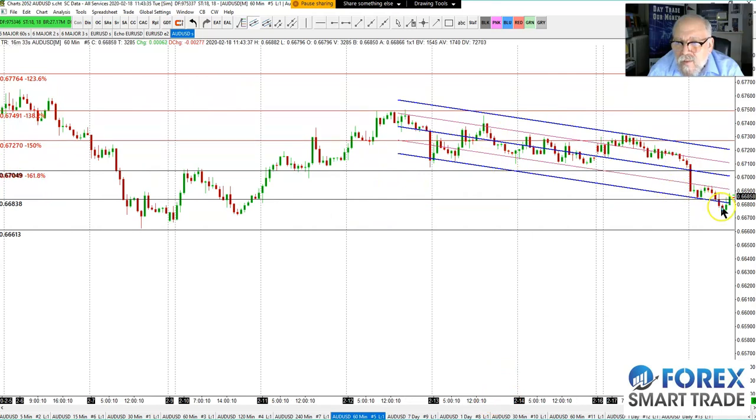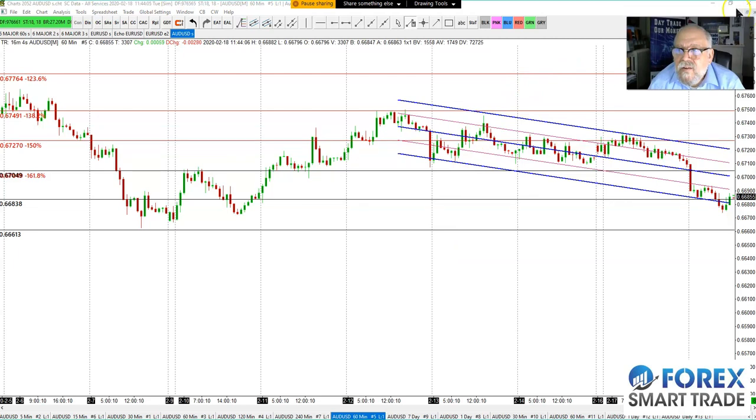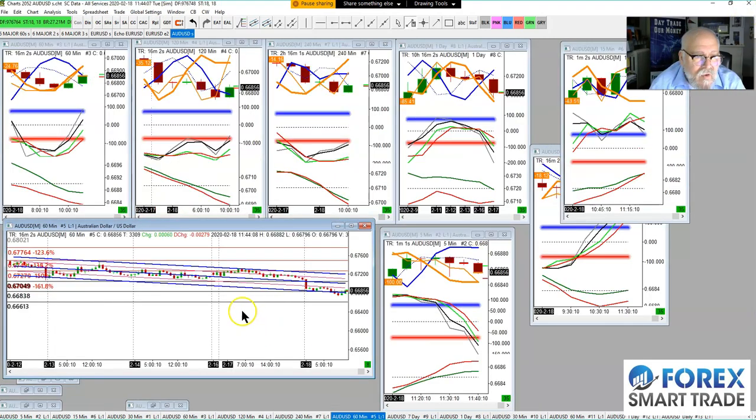It actually broke out of the channel a little bit here. And let's see how much room we have on the upside. So I've got about 18 pips till I hit the next support and resistance level. So that is good. Let's go down. Let's take a look at the charts.